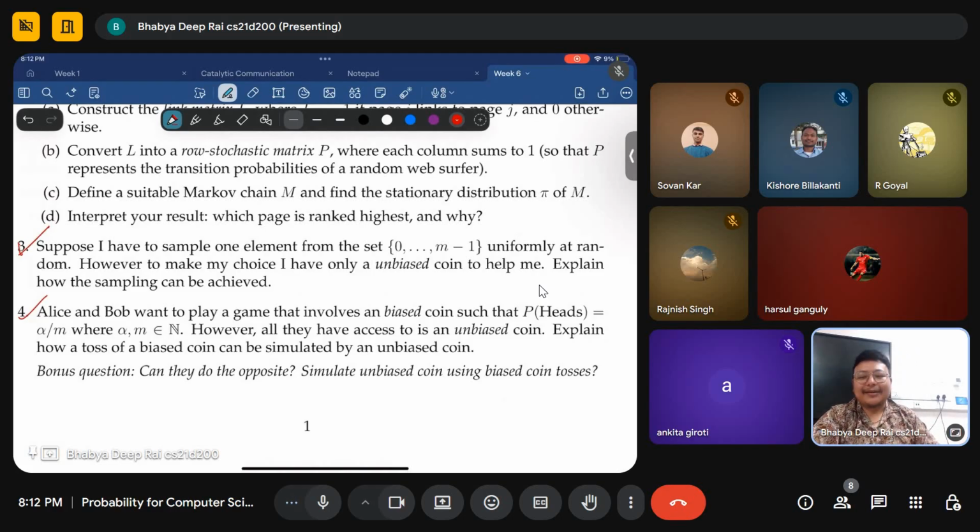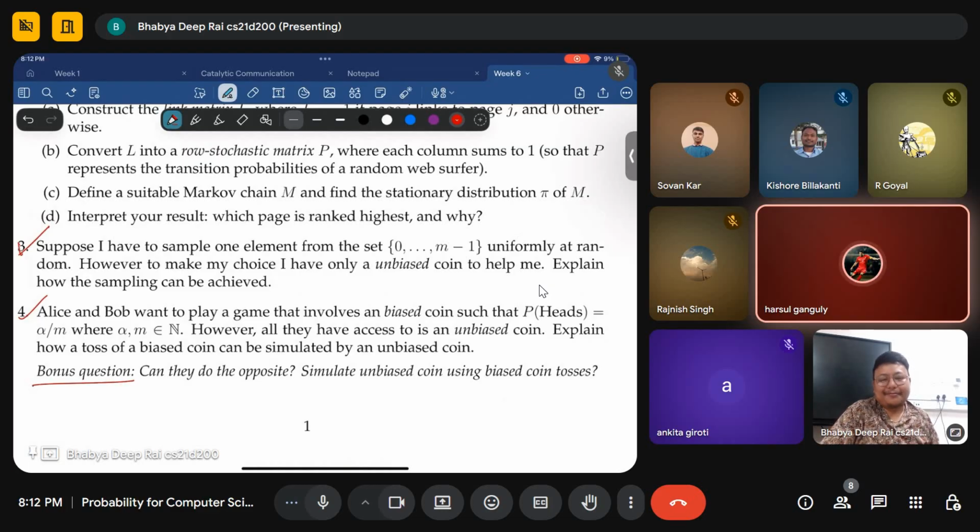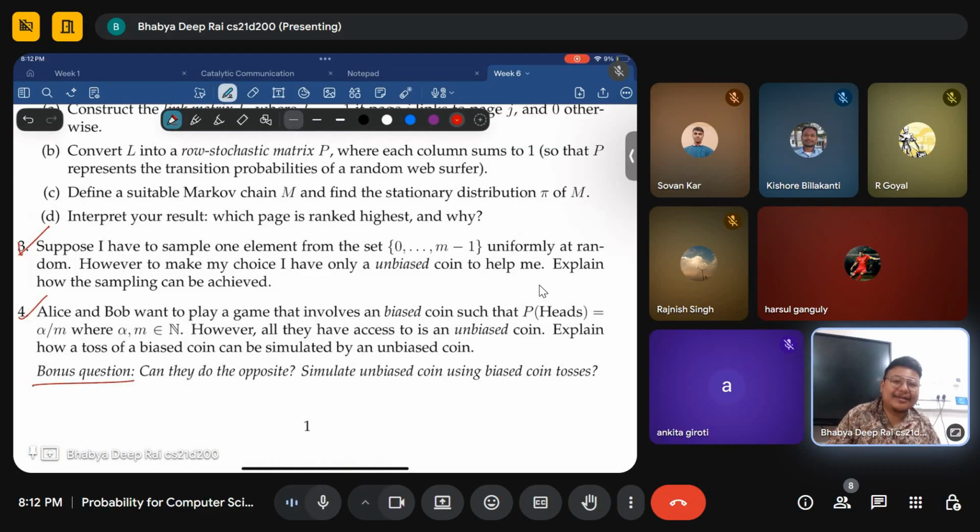It's done exactly. Try to solve this bonus question. It's a very, very interesting question. We may or may not do it next time, but let's see. That's all. If you have any questions, you can stay back or you are free to leave. Okay?